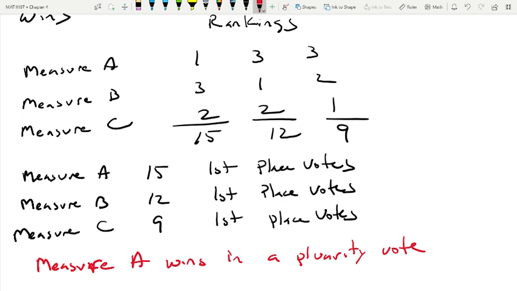But it did not receive the majority of the votes, because after all, there were 15 here and we had 36 votes altogether. And so measure A only got 41.6%.